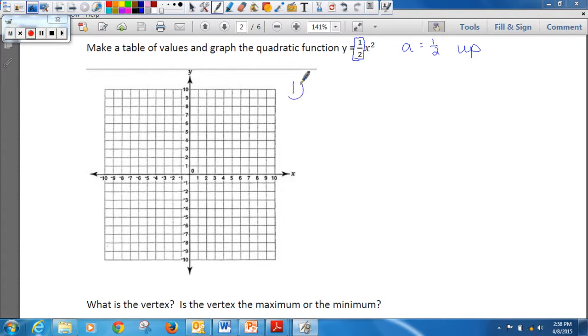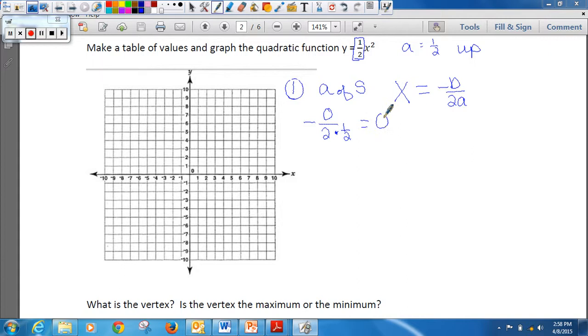The first step that you need to do is find the axis of symmetry. I'm just going to call it A of S, so I don't have to write it out. The formula for the axis of symmetry is x equals negative b over 2a. On this one, I don't have a b, so b is 0, over 2 times a, which is 1/2.